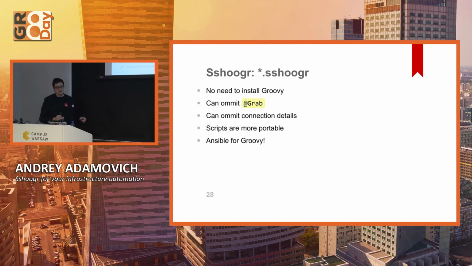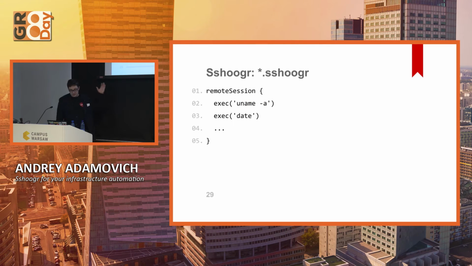You can omit the connection details, and they will come from the command line. So scripts become more portable this way. It's kind of Ansible for Groovy. That's what at least I try to aim for. The simple Sshoogr script will just look like this, without any connection details, without any Grab.